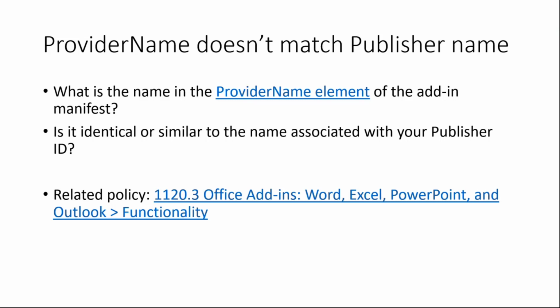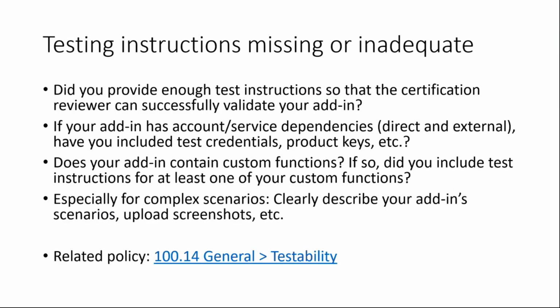They need to match up. We want to make sure that when the person goes onto AppSource and sees this publisher, then when they actually use the add-in and look at the add-in metadata, for example, they are in sync and it doesn't cause confusion.